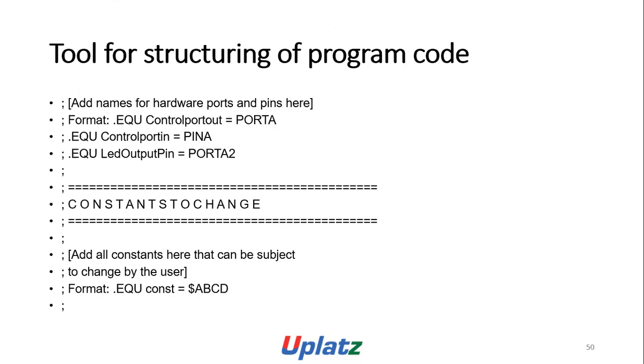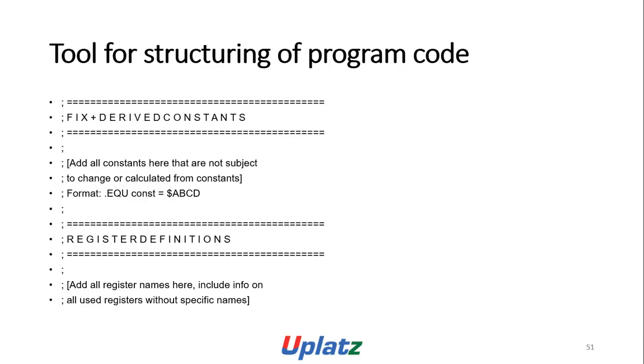Port and pins comment: add names for used ports and pins here. Format: .equ, port input is port A, .equ, control pin, port in is PIN, pin A, .equ, LED output pin is port A2. Constants to change: add all constants here that can be subject to change by the user. Format: .equ constant = $ABCD.